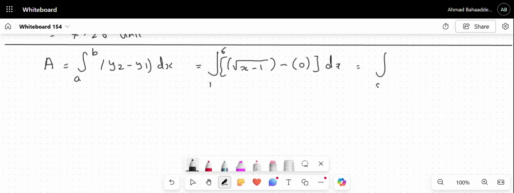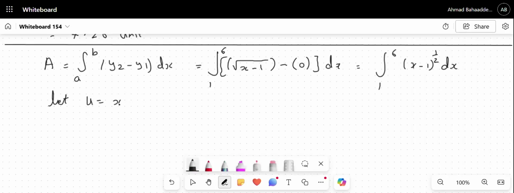So I'm going to have the integration from 1 to 6 in here, and that's going to be x minus 1 to the power of 1/2, times dx. Well, guys, integrate this. It's easy. We can just say let u be equal to x minus 1.